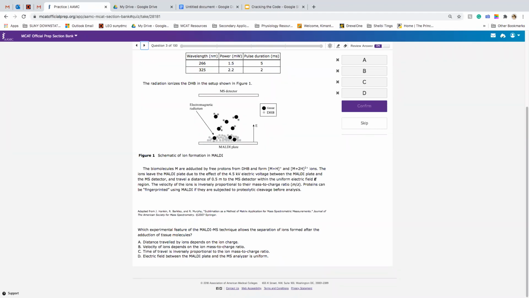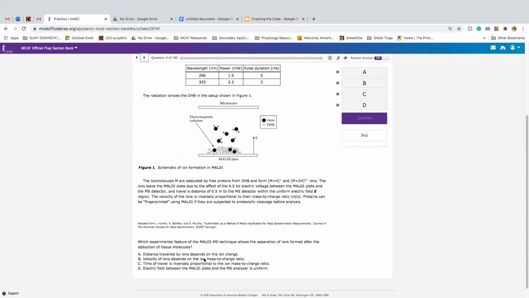Okay. So if you're going to predict what the answer looks like, what do you think are the most important factors that affect this? The experiment is about something that's going to allow ions to be separated, right?